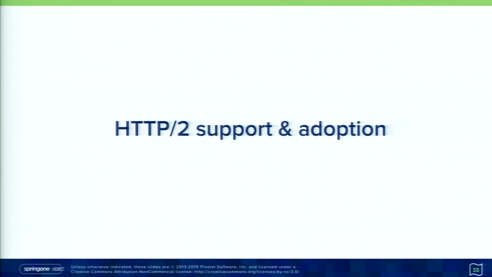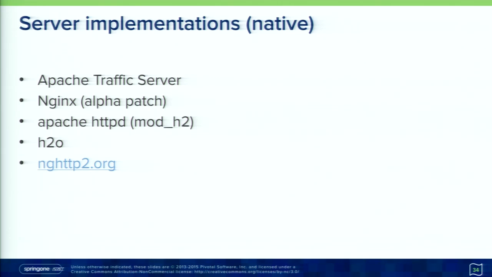So now, support and adoption. If you're looking at native implementations of HTTP2, there's already Apache Traffic Server, which is maintained by Yahoo, I think. It's a pretty good HTTP2 implementation and works pretty well. There's already an alpha patch for Nginx, so it's not in the main branch.